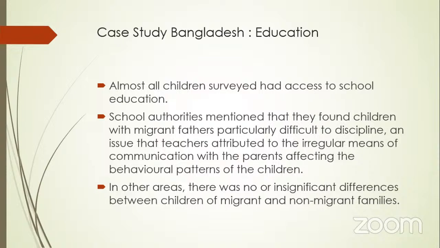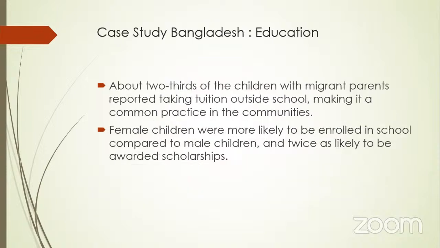In other areas, there was no significant difference between children of migrants and non-migrants. Two-thirds of children of migrant parents report taking tuition outside school, making it a common practice, because now they had the money. Female children were more likely to be enrolled in school compared to male children and twice as likely to be awarded a scholarship. This was also an interesting thing.